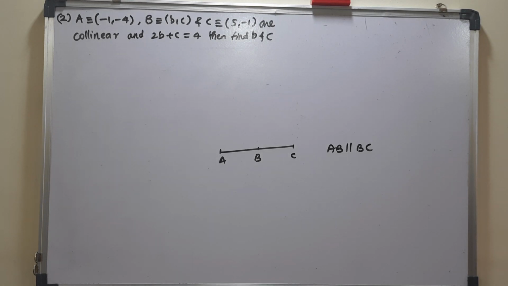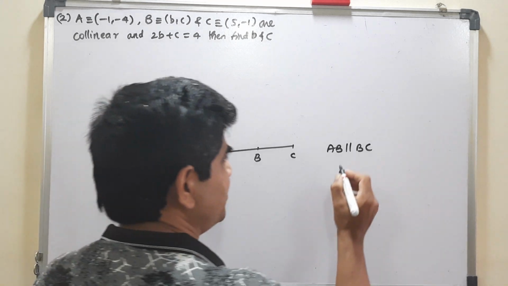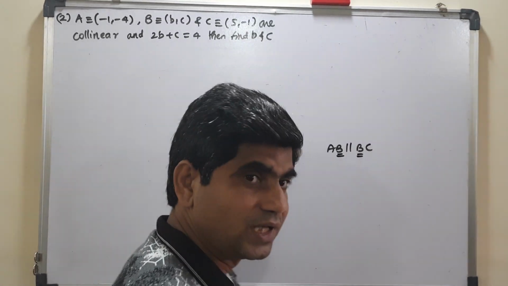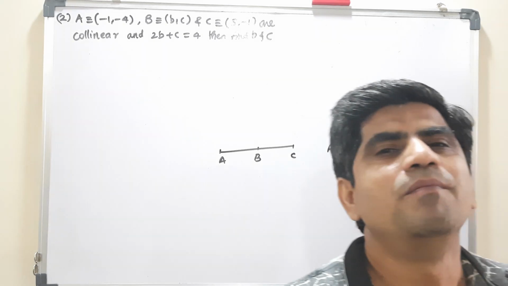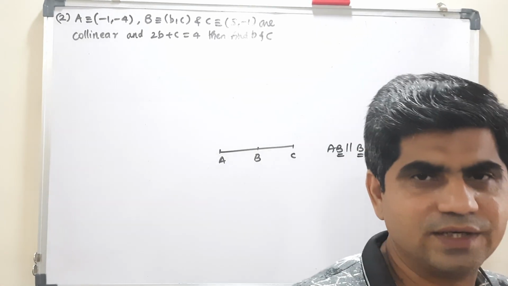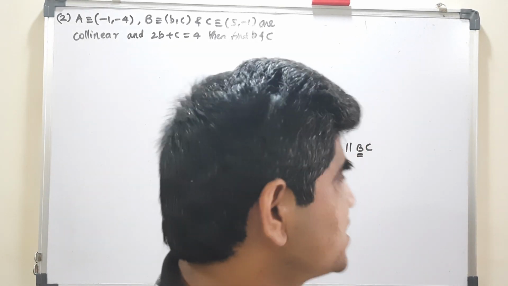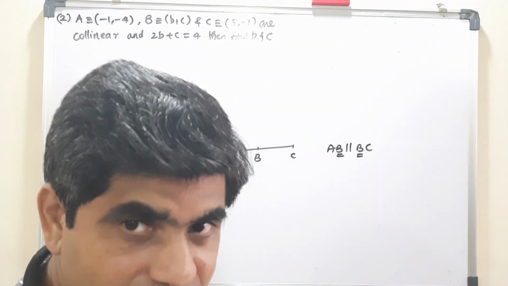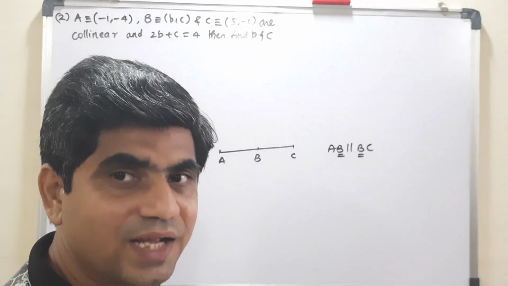I said, if I get the slope of AB equal to the slope of BC, it means that AB is parallel to BC. Absolutely correct. So AB is parallel to BC only. But since point B is a common point between them, they cannot be parallel but can only be collinear. Okay? That means if lines are collinear, then too their slopes are equal.